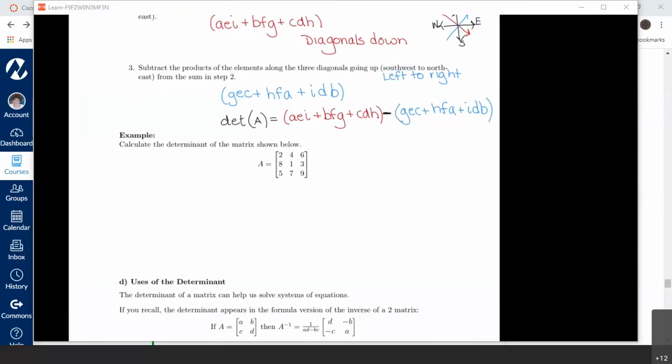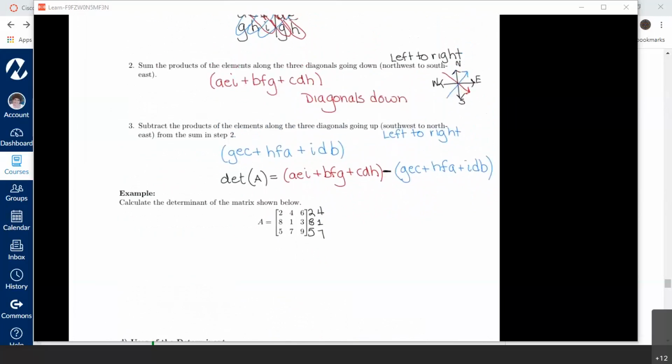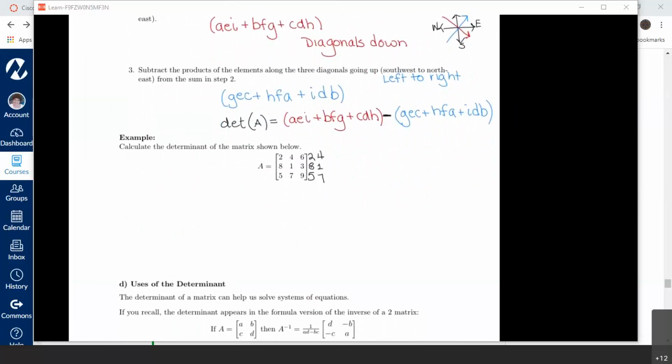First I'm going to copy the first 2 columns over again. So 2, 8, 5, 4, 1, 7.